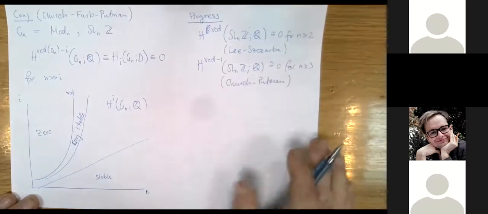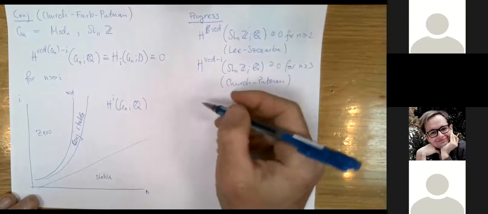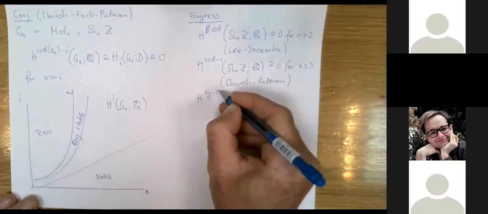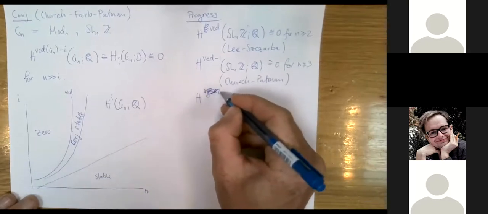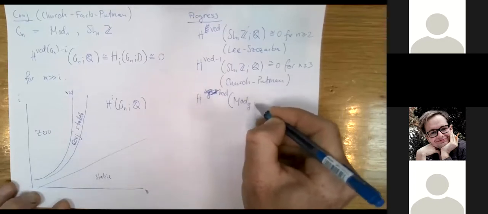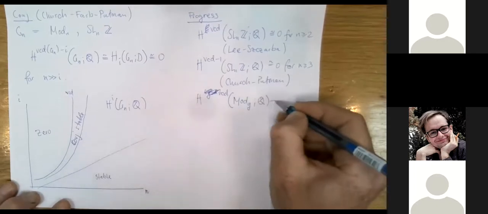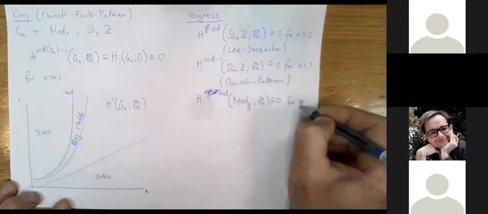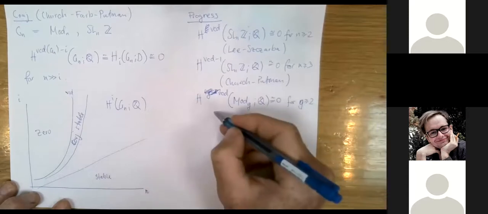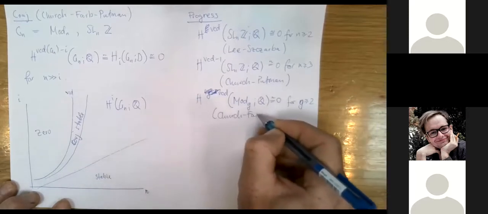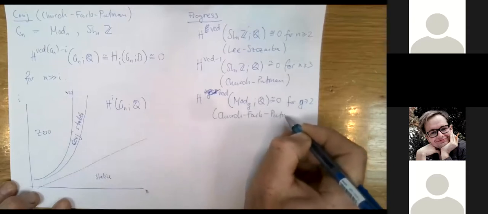We also know that in the virtual cohomological dimension, the cohomology of the mapping class group is 0. This is a result by Church, Farb, and Putman.